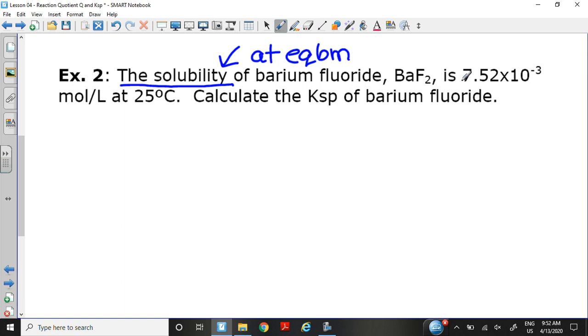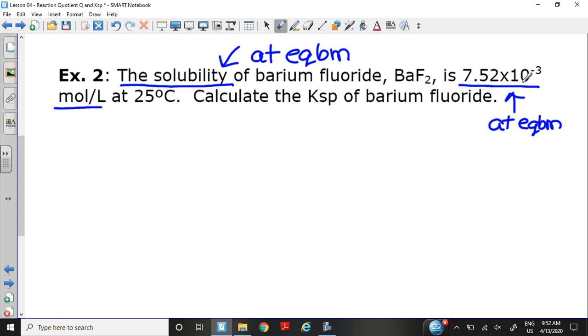Next, we actually have a value, 7.52 times 10 to the -3 moles per liter. If they give a value to you, that means this is a concentration at equilibrium. You took your salt, your barium fluoride, you put it in water, you mixed it up, and the solubility was measured at equilibrium. So this is important to keep in mind.